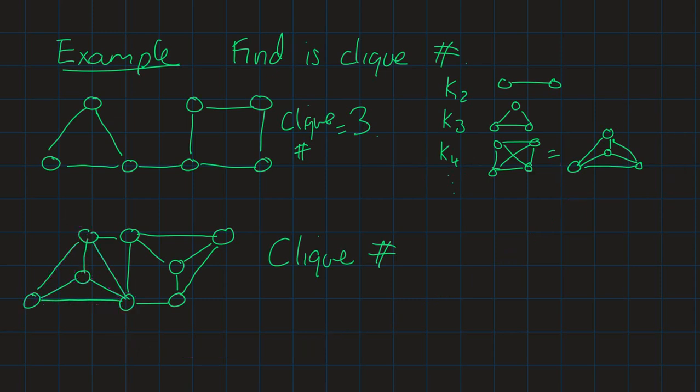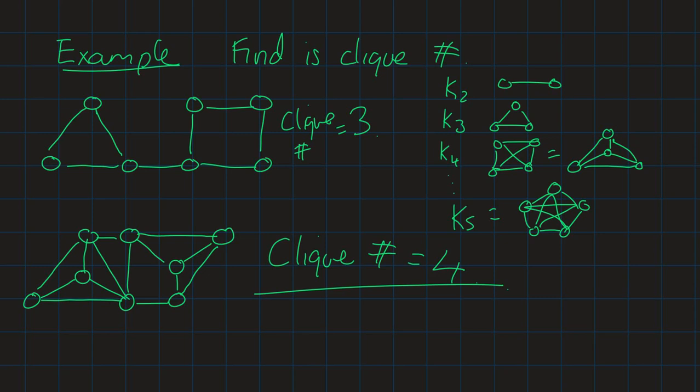And it's fairly clear to see that there's no K5. Okay, K5, if you remember, is like the pentagram. It's this graph here, and that's nowhere to be found inside here. So the clique number is equal to 4. Okay? And that's the end of this example.